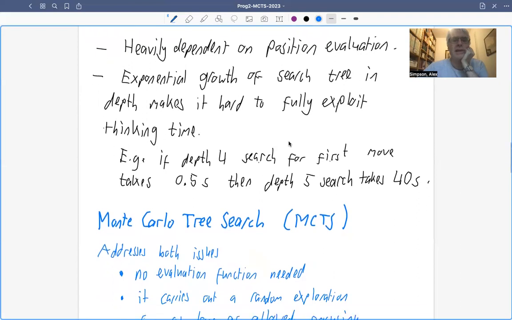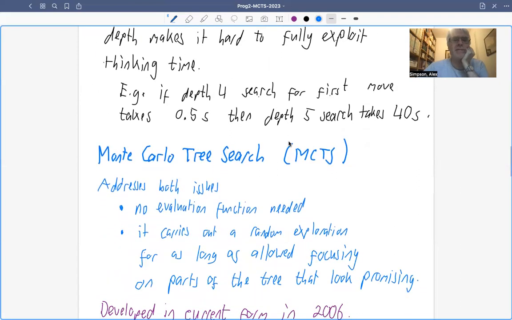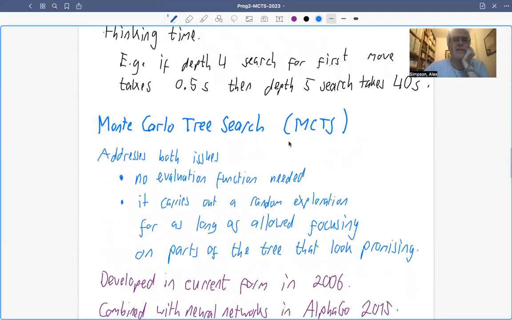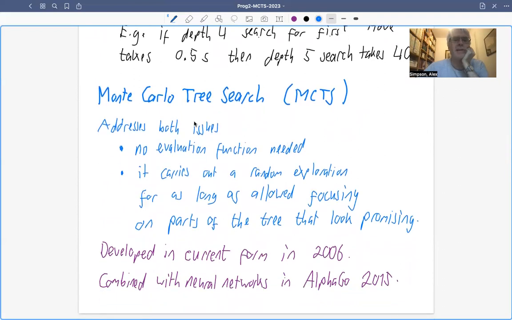So what I want to introduce you to is a completely different approach, which addresses both issues. This is called Monte Carlo Tree Search. It's a very famous algorithm, relatively recently developed, from the 2000s. It addresses both the issues because no evaluation function is needed.